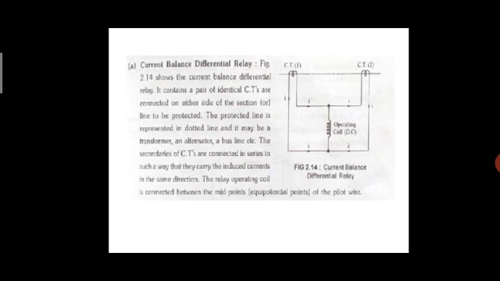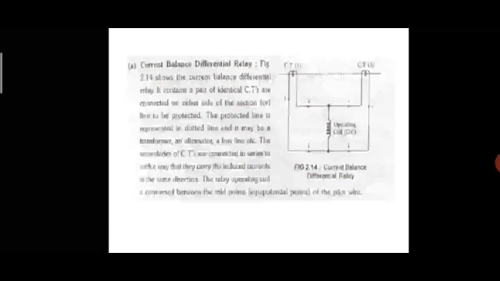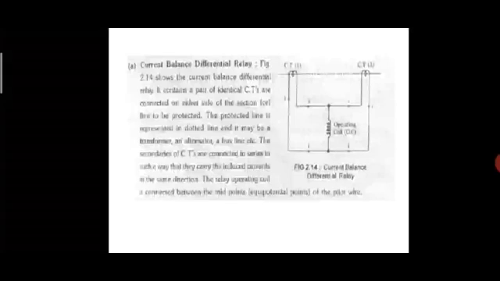The secondaries of the CTs are connected in series in such a way that they carry the induced currents in the same direction. The relay operating coil is connected between the midpoints, the equal potential points of the pilot wire.